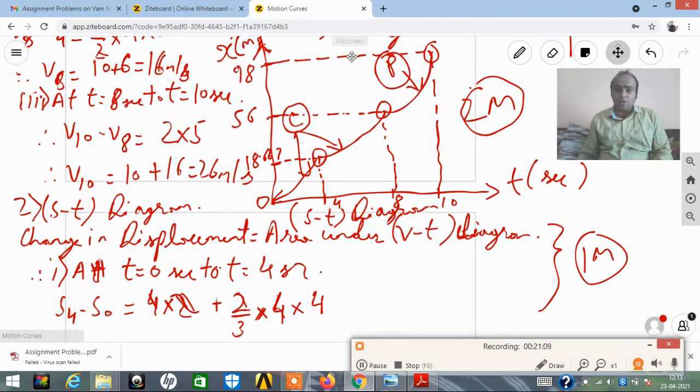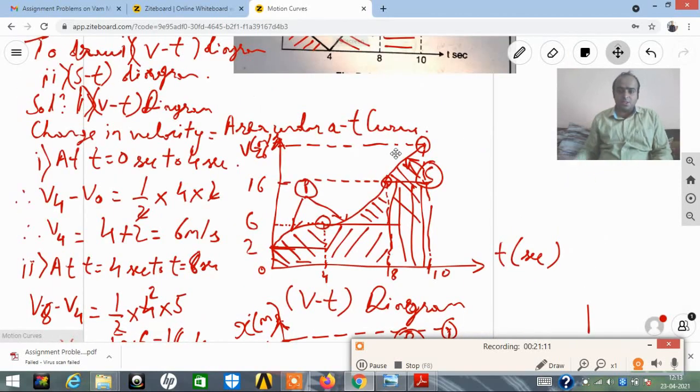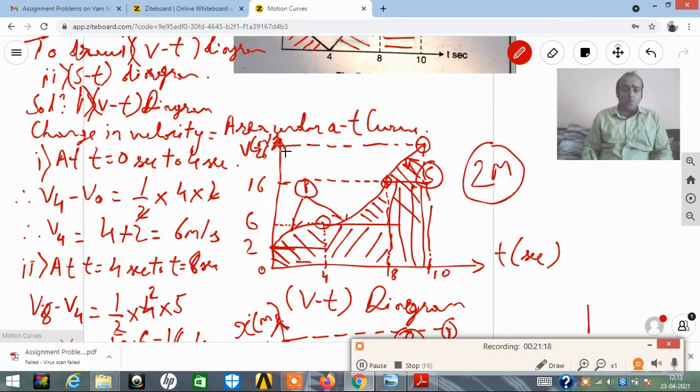Again, if we go to the VT diagram, 2 marks for this correct VT diagram, and 1 mark for the calculation of the VT diagram. So friends, see to it, this problem totally consists of 6 marks in the university paper, and the distribution of marks I have already told you all.